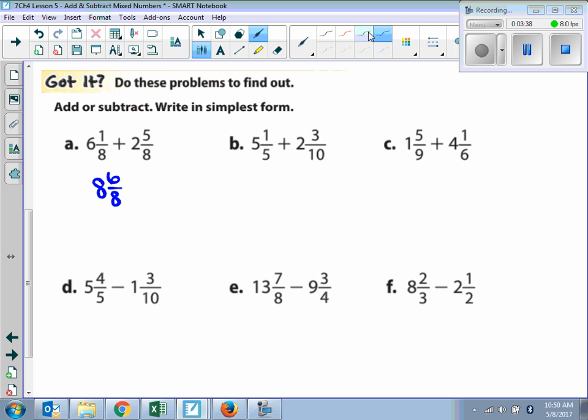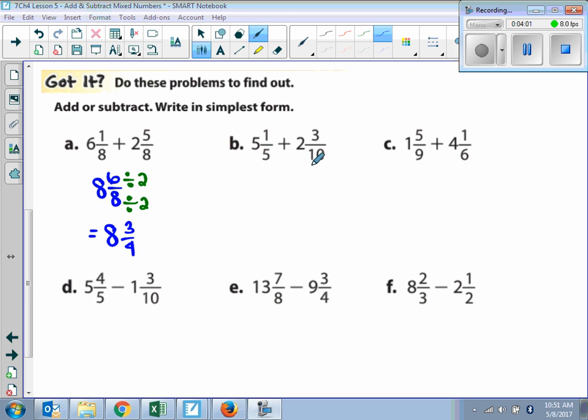We can see that 6/8 can simplify by dividing by 2. When we simplify, we divide the numerator and the denominator by the same number. And so we end up with 8 and 3/4.